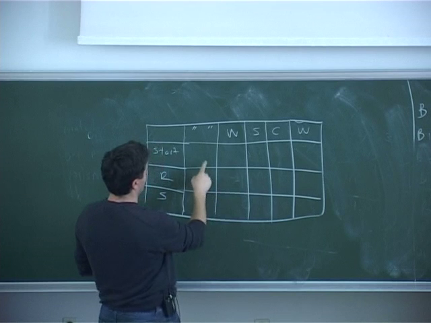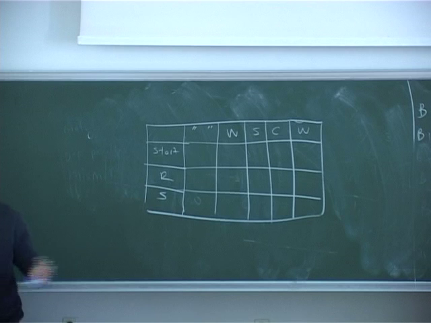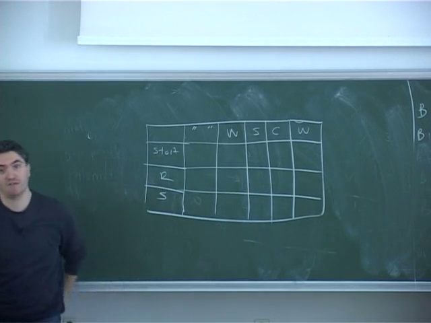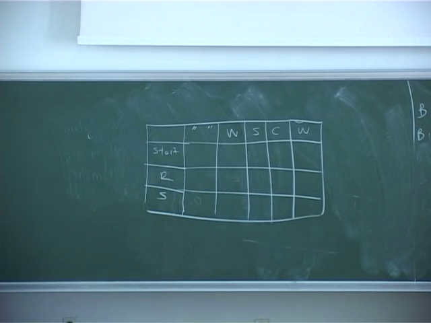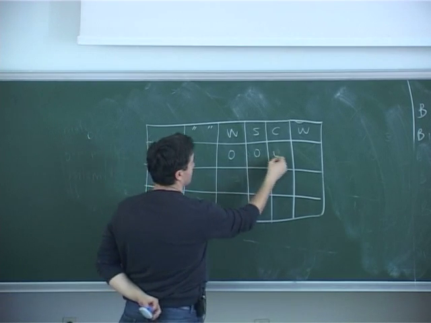Okay, it's 3 times 5, so 15 entries in this table. However, a lot of entries are going to be 0. For example, here, these are going to be 0.